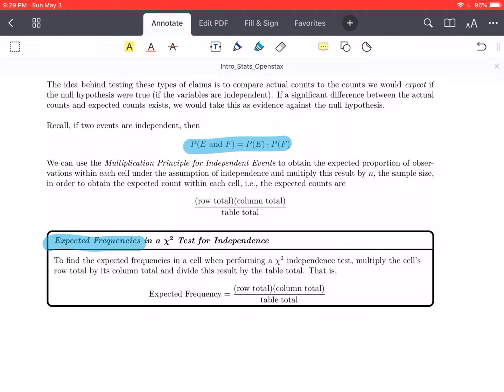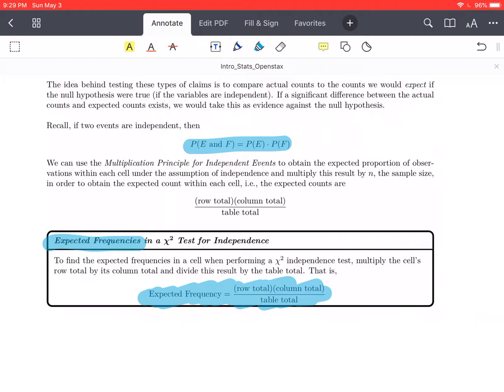To find the expected frequency in a cell when performing a chi-square independence test, multiply the cell's row total by its column total and divide this result by the table total. This is one we need to know because we're going to be working with it.